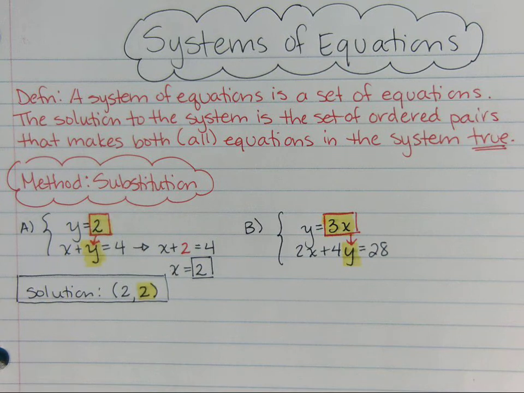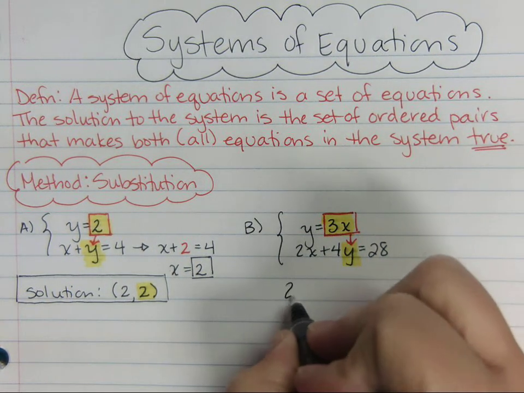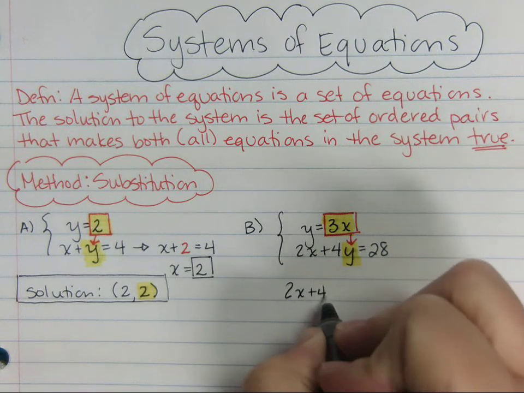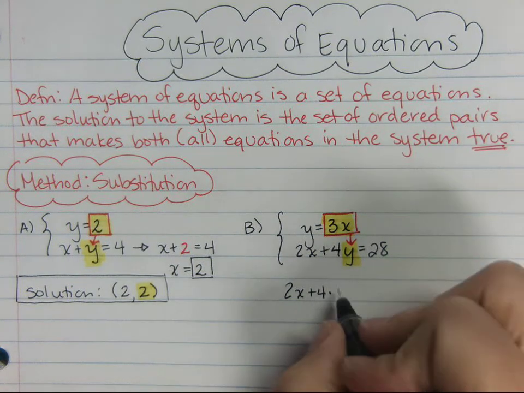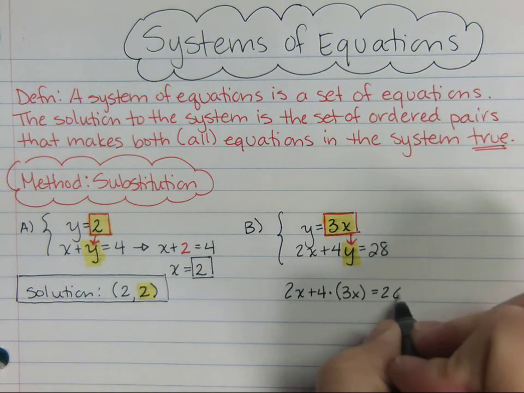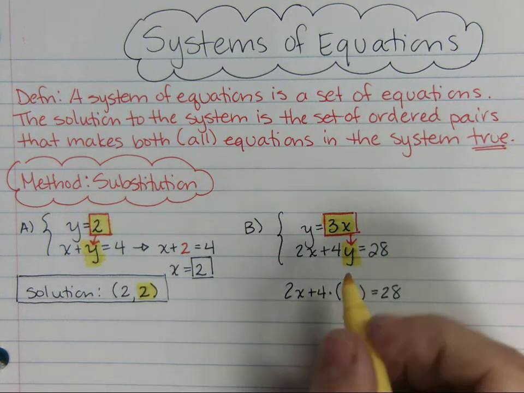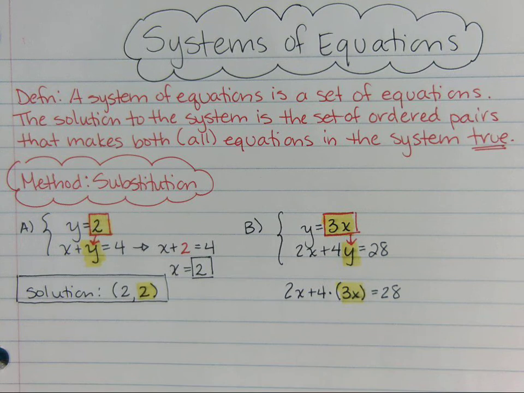And when I do that, I'm going to leave everything else alone. So 2x plus 4, but now instead of y, I'm going to replace that with 3x equals 28. So I'm replacing y with the expression that the other equation tells me y is equal to.